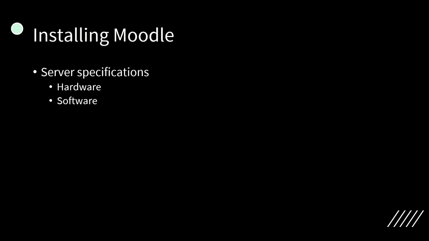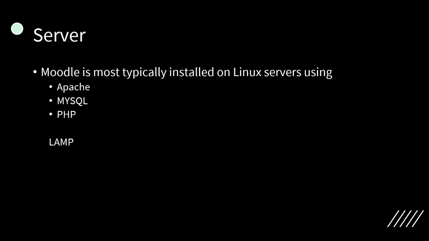When you go for the installation, from an administrative point of view, you must know the server specifications, such as hardware and software. Hardware specification is very important. Moodle is typically installed on a Linux server. You can also use a Windows server.